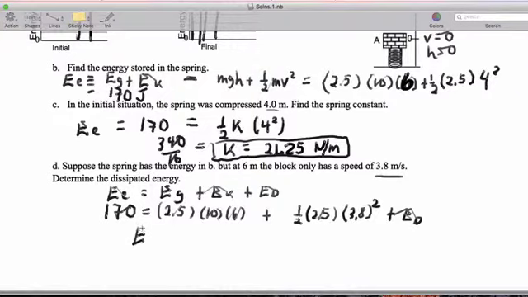So when we finally isolate the dissipated energy, we will end up getting 18.05 joules, if I'm correct. I'm going to double check that answer right now, just to make sure it makes sense.